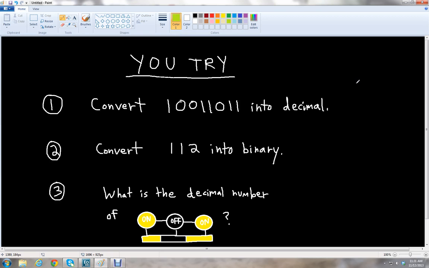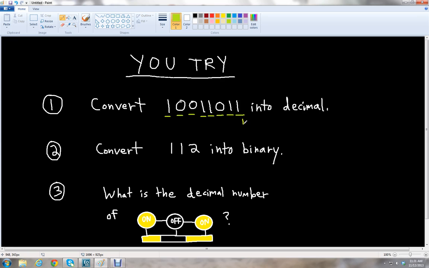So in our first problem, converting this binary number into decimal, 1, 0, 0, 1, 1, 0, 1, 1, we're just going to underline each of the digits. And then we'll write out our powers of 2 going from right to left in increasing order.